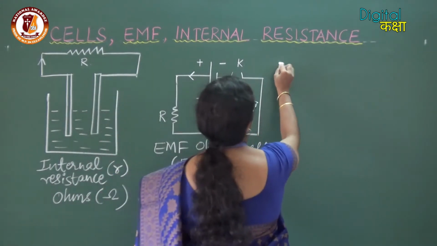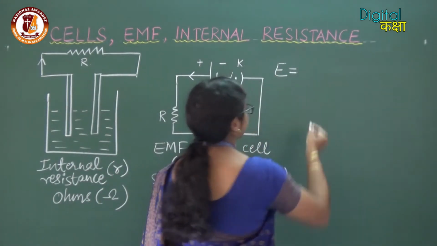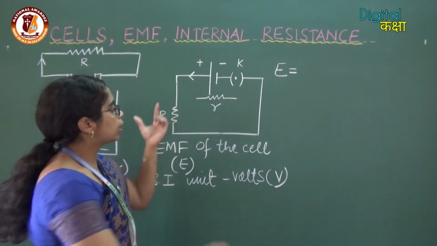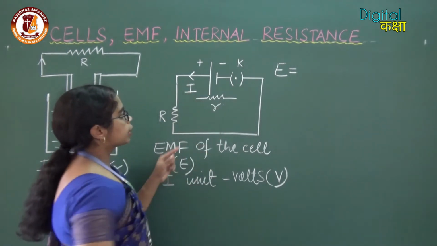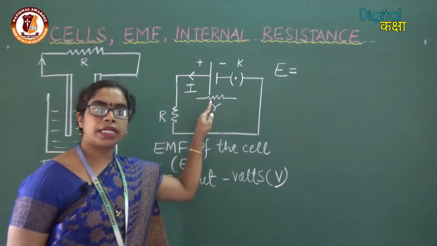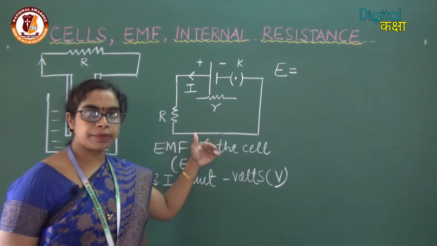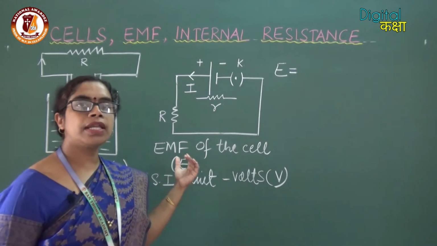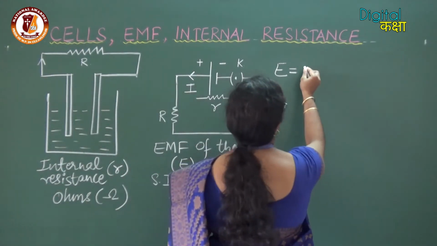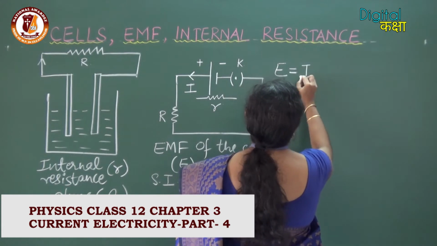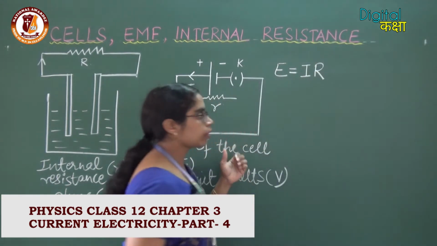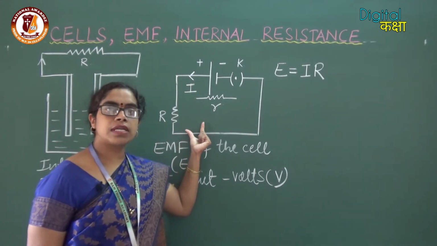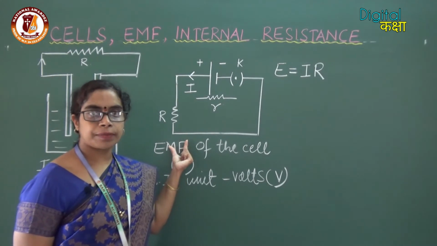Let us say the current flowing from the positive to the negative terminal of the cell outside it is represented by I. Then the EMF of the cell can be related as E equal to I into R, where the current I flows through the external resistor of resistance R.